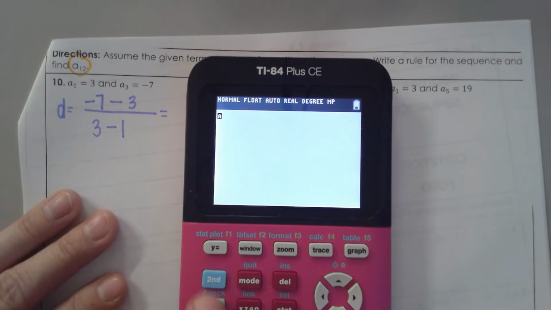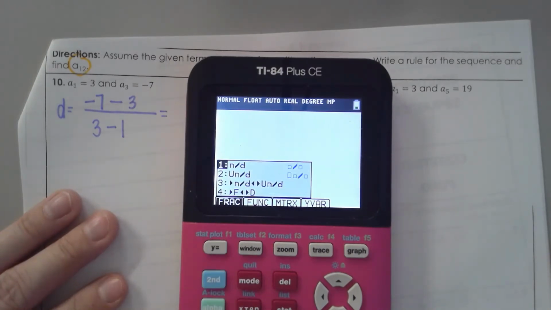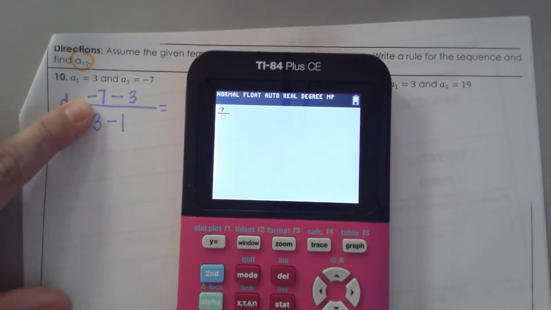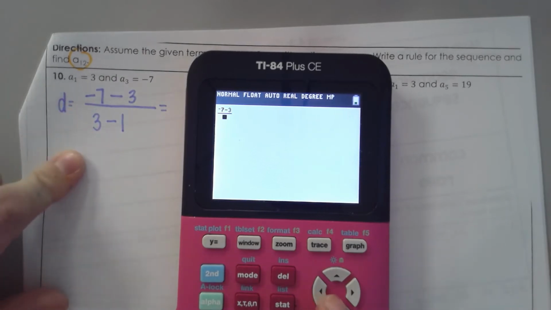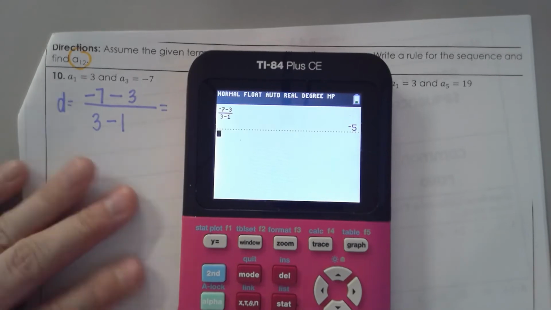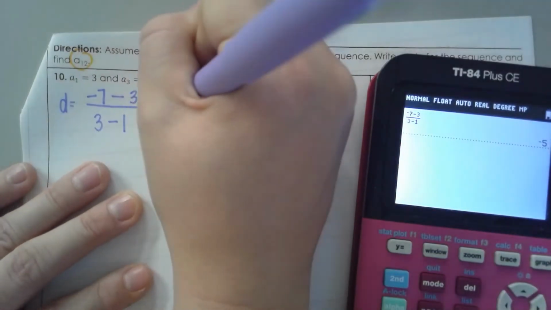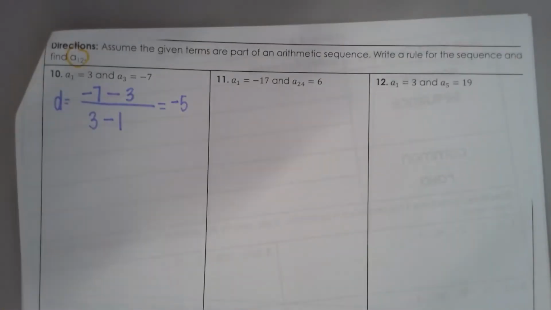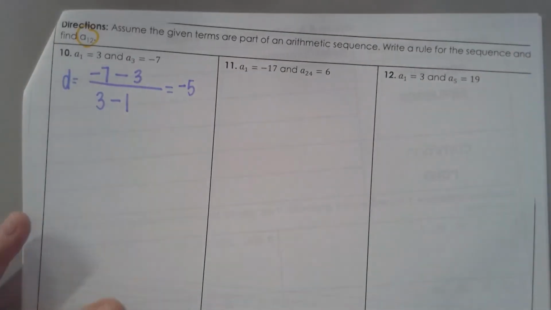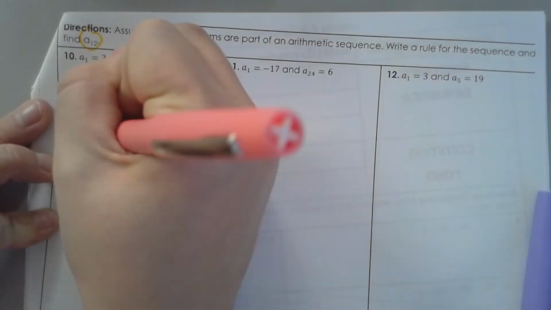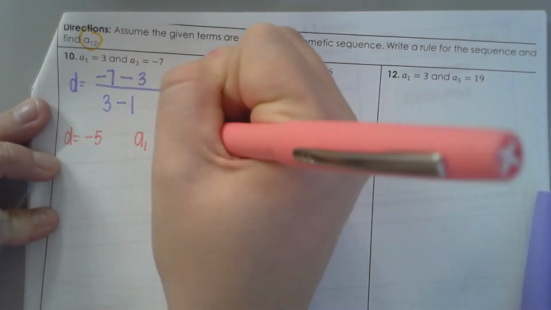So we do alpha y equals, that gets a fraction, negative 7 minus 3 on top, and then 3 minus 1 on the bottom gives us negative 5. And so now we have our common difference and we have our first term.